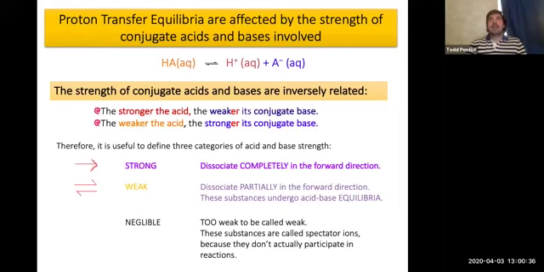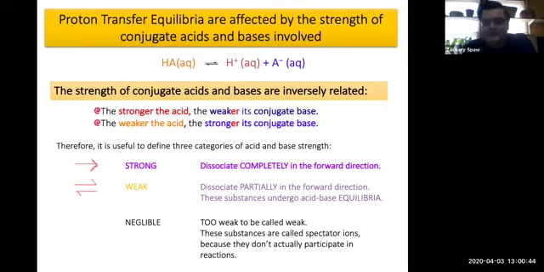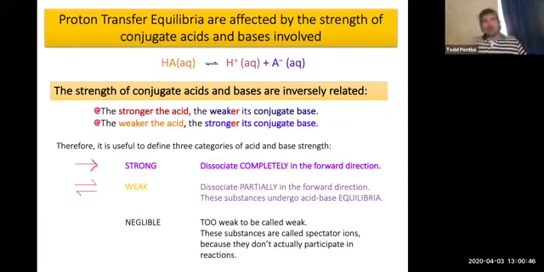It finds a middle ground. So it finds a ratio of products to reactants, something called the equilibrium. The reaction actually still happens though. There's still protons being exchanged. It's just the relative level of the products to the reactants stays consistent. So the reaction is still going, but there is no net change.